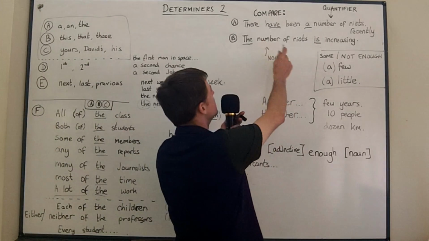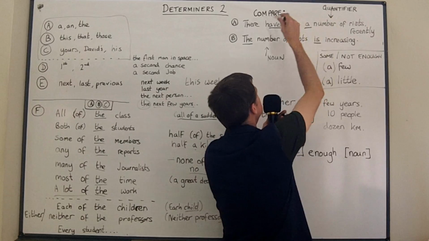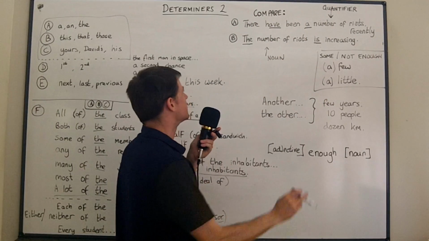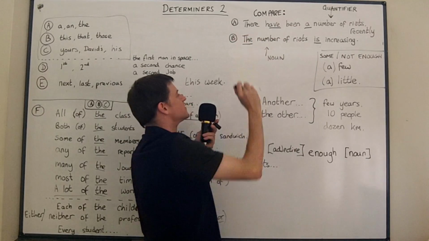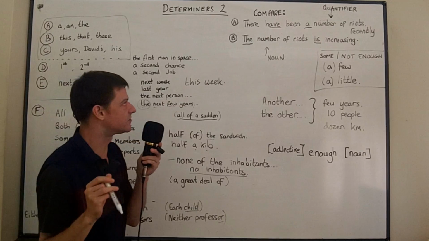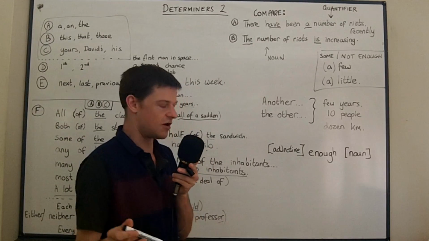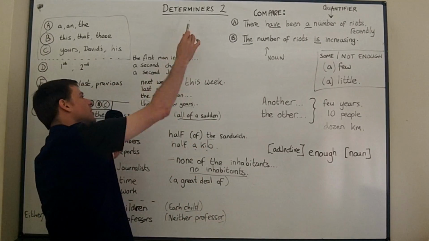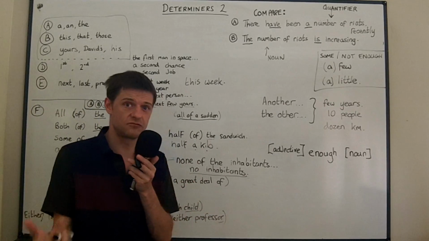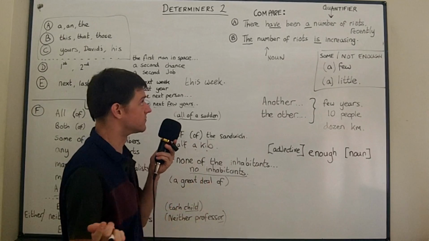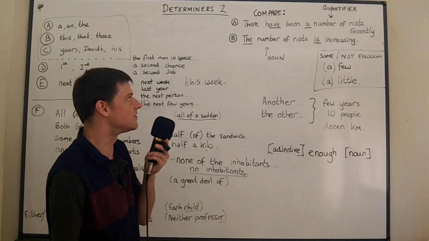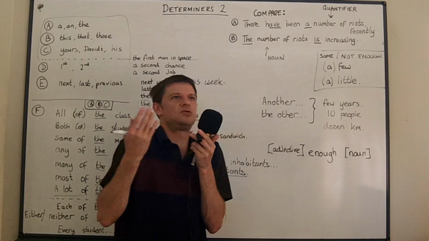But I want you to pay attention here, because a number of, in sentence A, is being used differently than the number of in sentence B. So, sentence A, there have been a number of riots recently. A number of is a quantifier, it's a determiner, and we are saying there have been many riots recently, a lot of riots recently. Okay, we just mean many, we mean a lot of, and it's very non-specific.